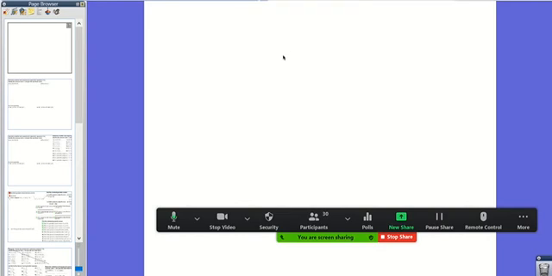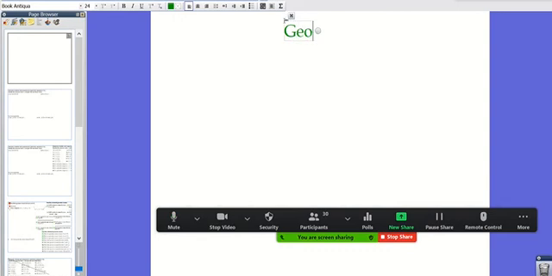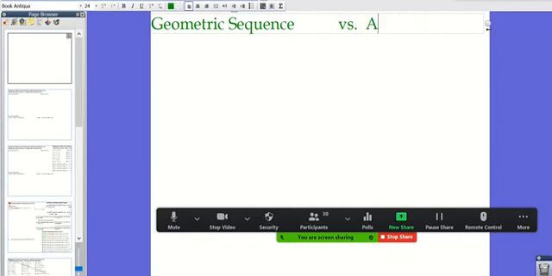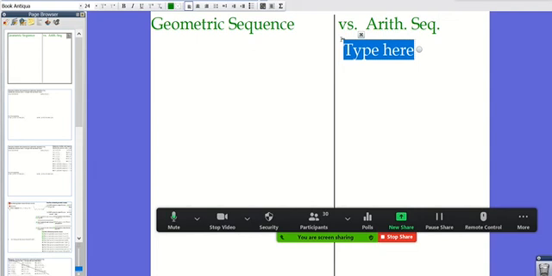So I want to talk about something called geometric sequence. We talked about an arithmetic sequence, and an arithmetic sequence was pretty straightforward. That was like if we go -10, -6, -2, 2, 6.